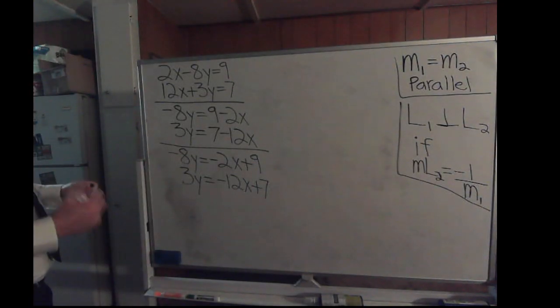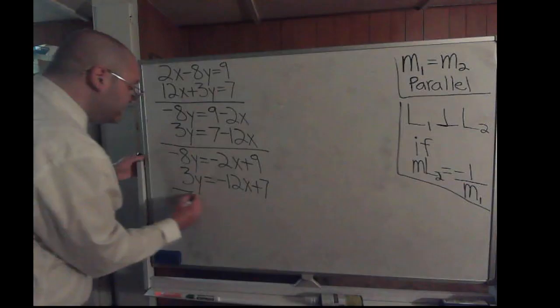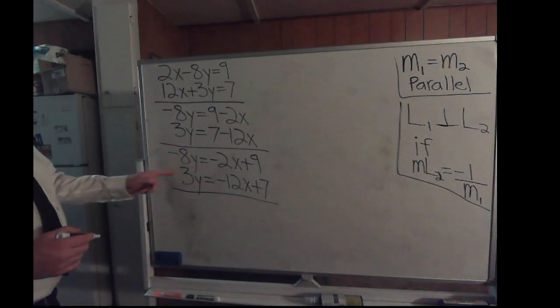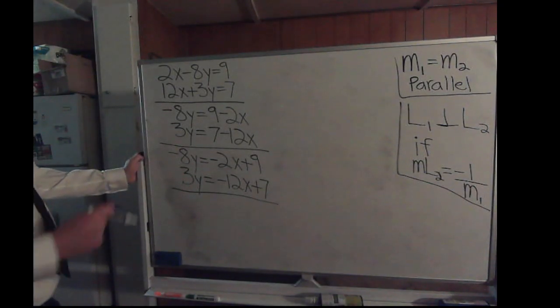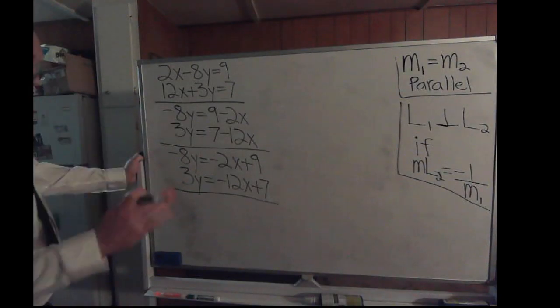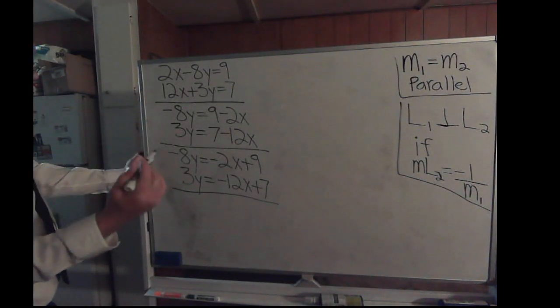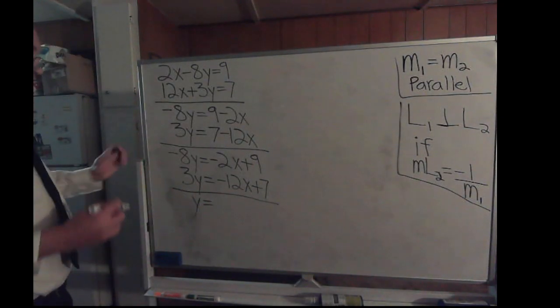Alright, we're a step closer to slope-intercept form. The only thing stopping us now is that on each of these equations, we want to get just y on the left-hand side. On the first equation, we got to divide that negative 8y by negative 8. If you do that, you do in fact get y by itself.